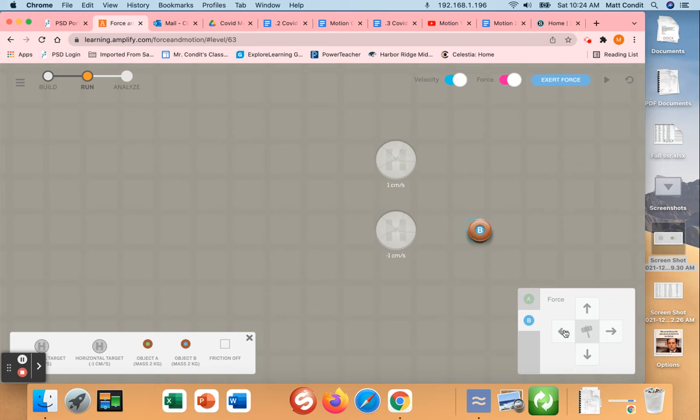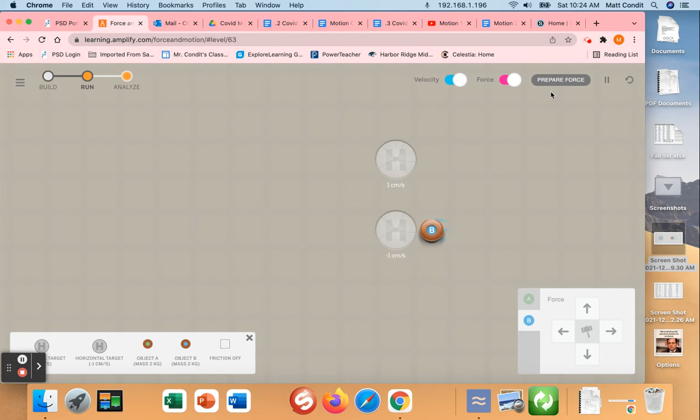So I'm now going to put a force that is opposite its direction of movement. That'll make it go backwards, and now it hit it at negative 1 centimeter per second. So again, if it says positive, it has to be hit by an object that's going to the right. Negative means it has to be hit by an object coming from the left.